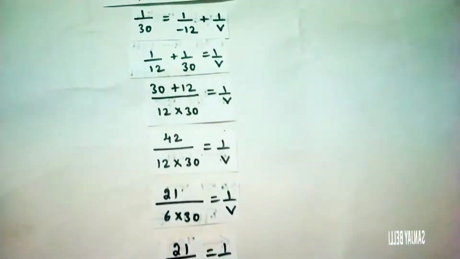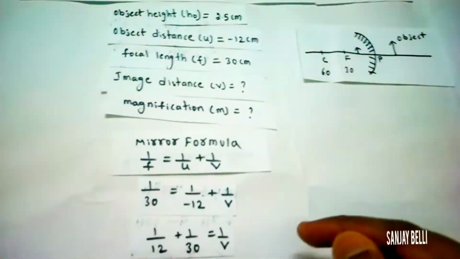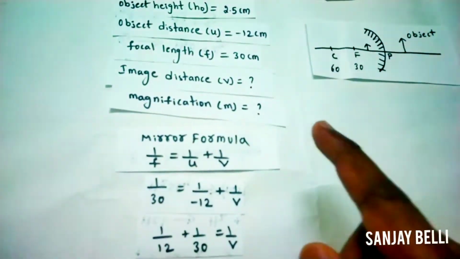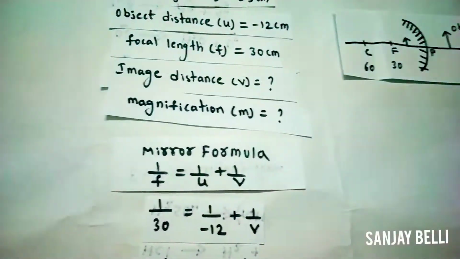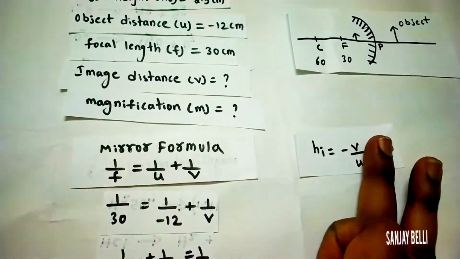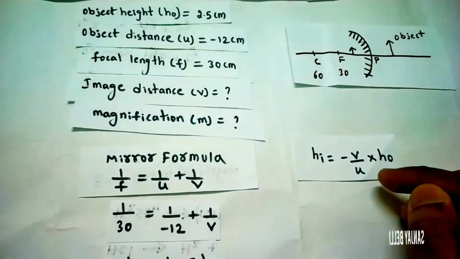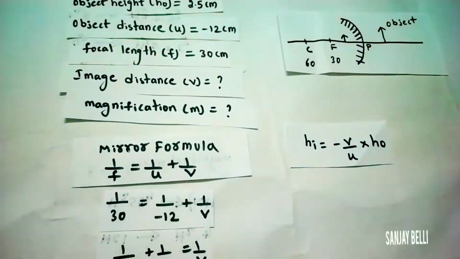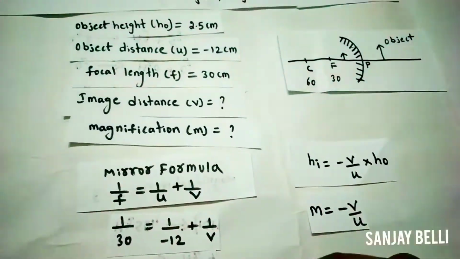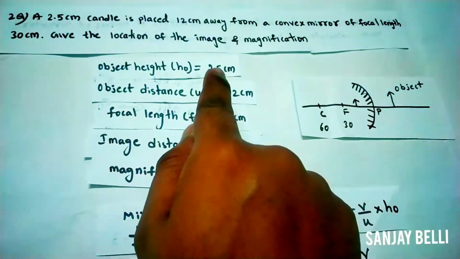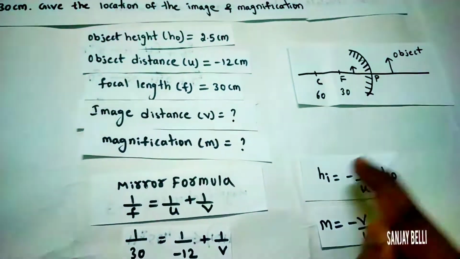Now what do we have to do? Now we have to find the magnification. The formula for magnification, that is HI equals minus V by U into H naught. You can also use the magnification M equals minus V by U, but in our problem we got the object height, so I am using this formula.